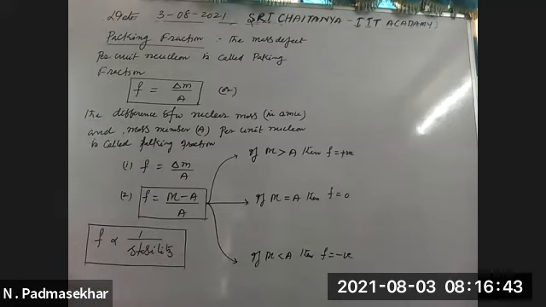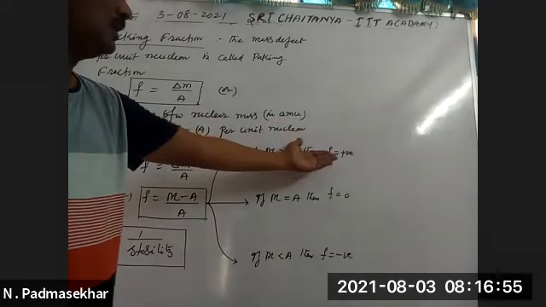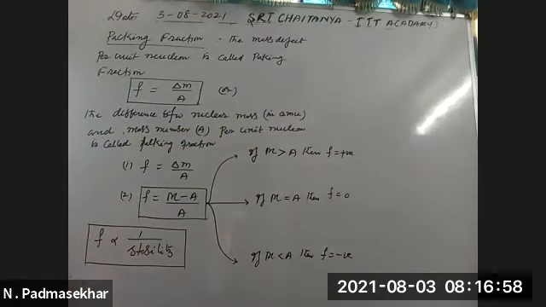Packing fraction negative means it is more stable. Lower value means more stable. Packing fraction is inversely proportional to stability. This is what is meant by packing fraction.